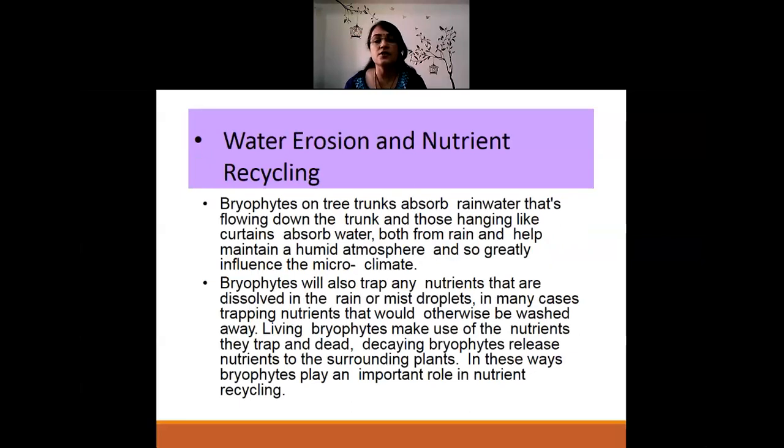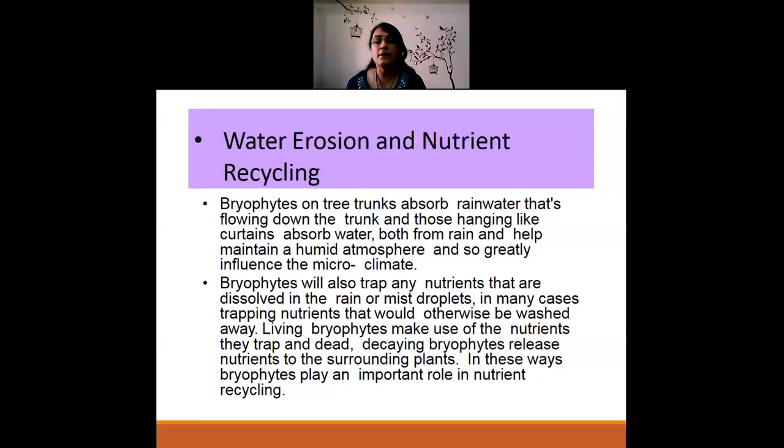Water erosion is again one of the problems which is prevented by these bryophytes. Soil erosion and water erosion run parallel to each other. Bryophytes on tree trunks absorb rainwater that is flowing on the trunk and hang like curtains, absorbing water from the rain and maintaining a humid atmosphere, giving a microclimate influence to those tree trunks.